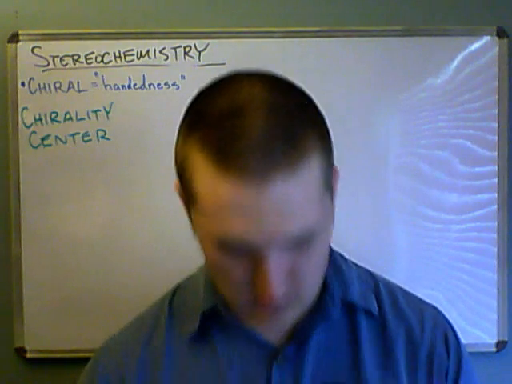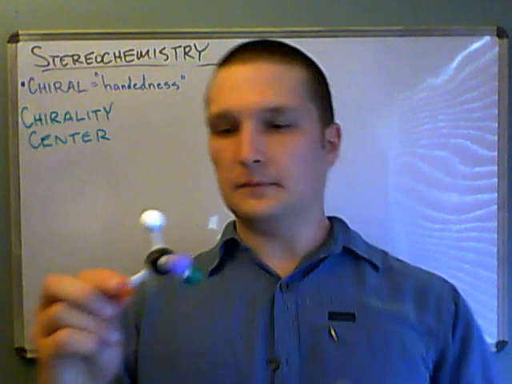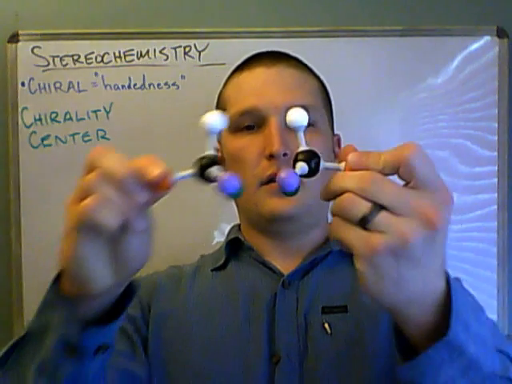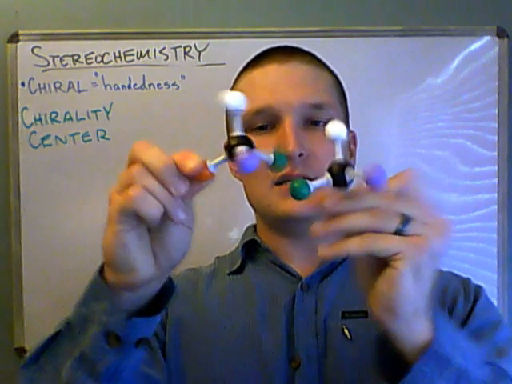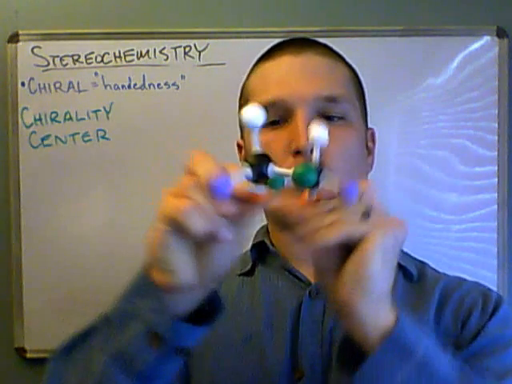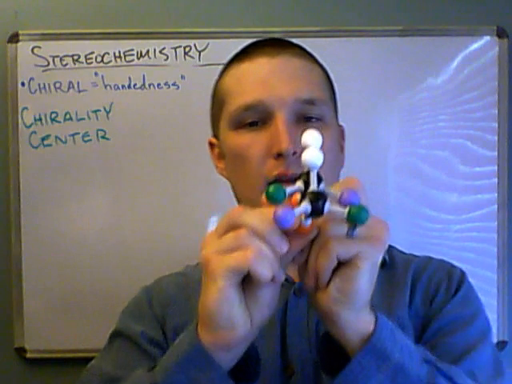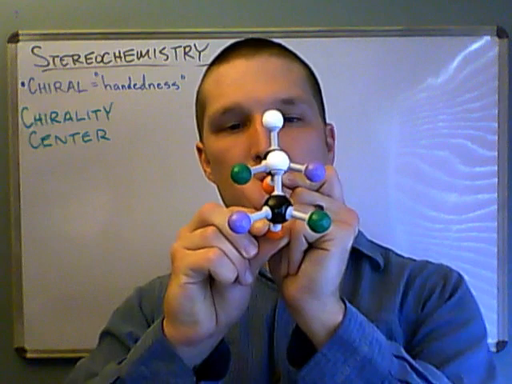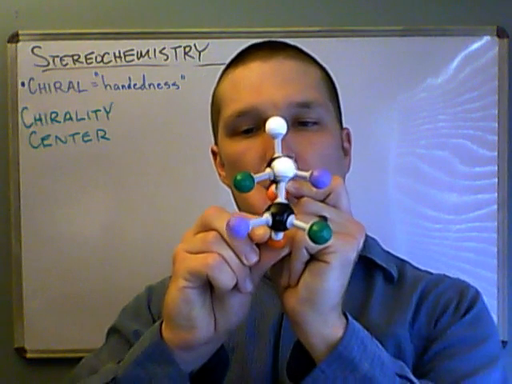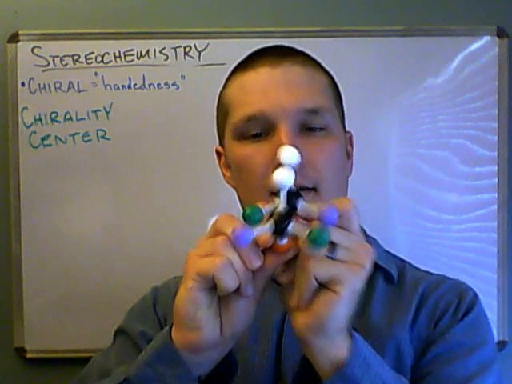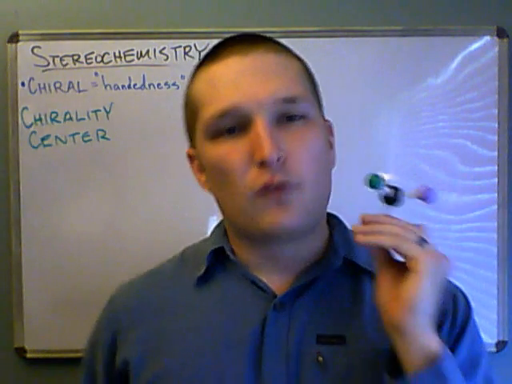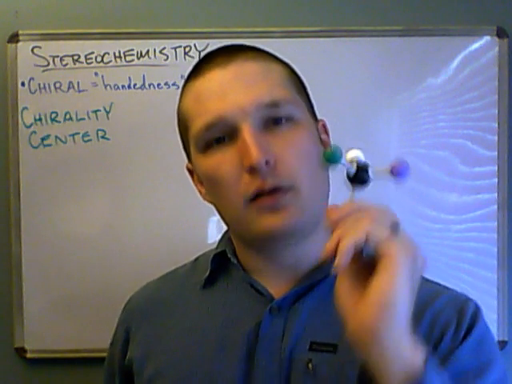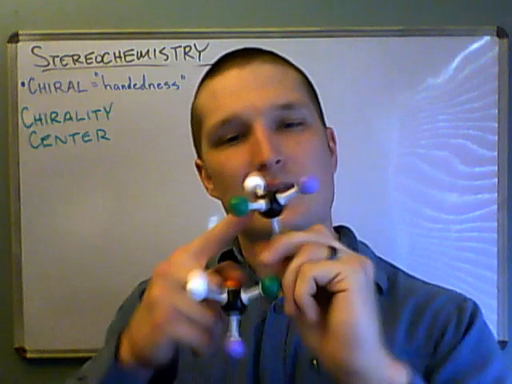So, as we're looking at this one, they're mirror images, but you could see that if you put this molecule right next to the other one, they don't line up. This one has the green on the left side and the purple on the right side, whereas this one's opposite to that. So for it to be chiral, it has to have 4 different things connected to this central atom.